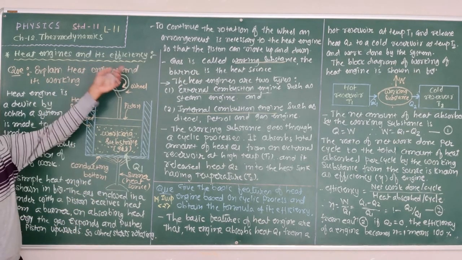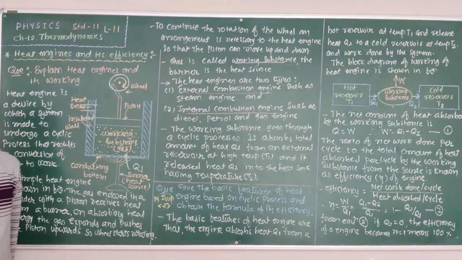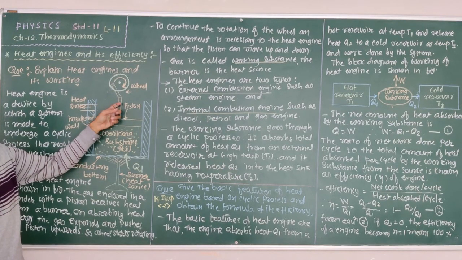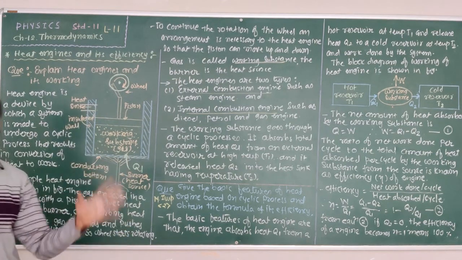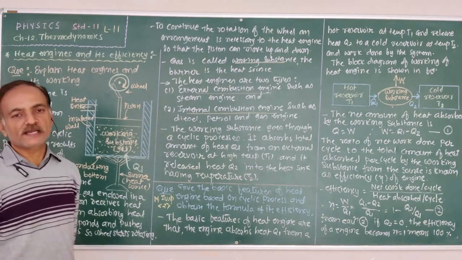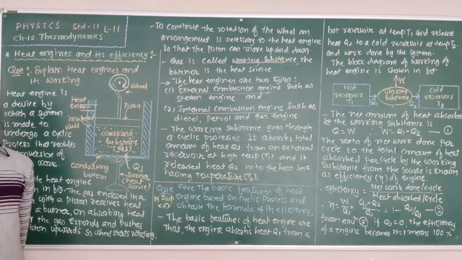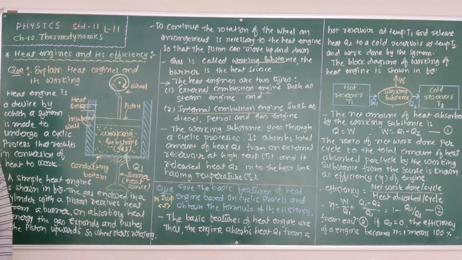So, the wheel starts rotating. To continue the rotation of the wheel, an arrangement is necessary in the heat engine so that the piston moves up and down periodically. As a result, the rotation of the wheel is continuous as the piston moves up and down.